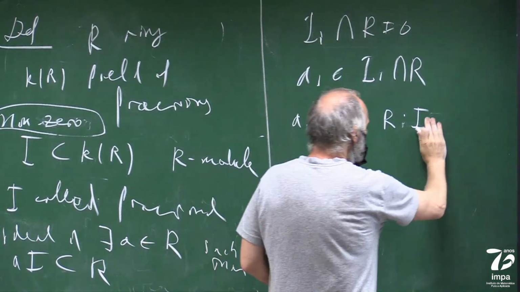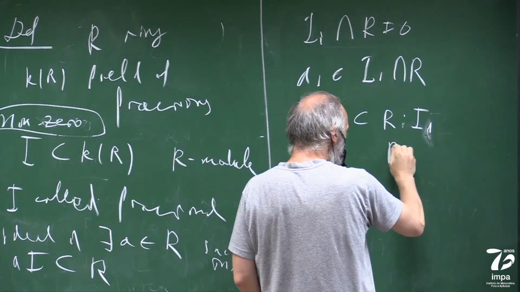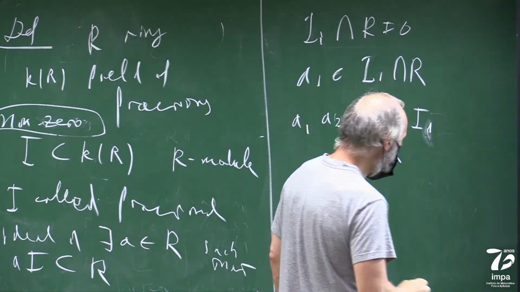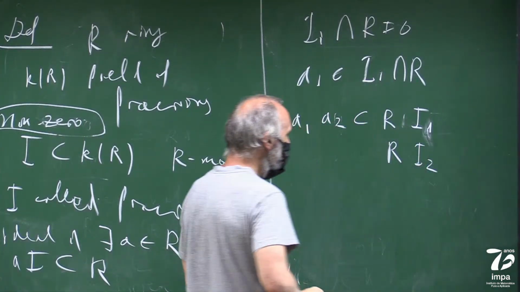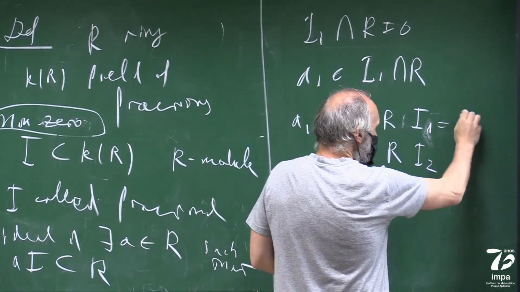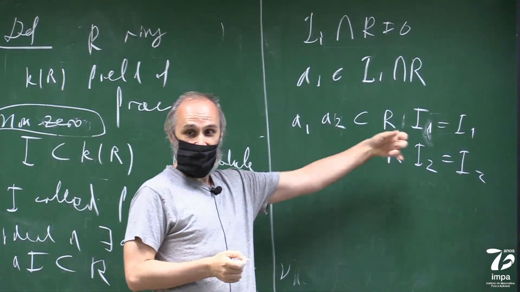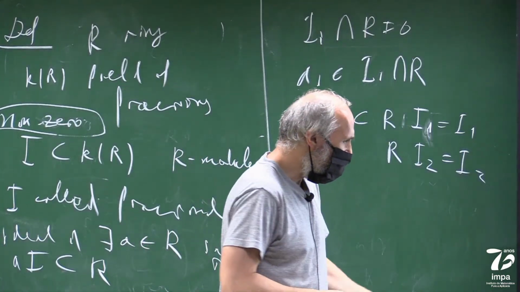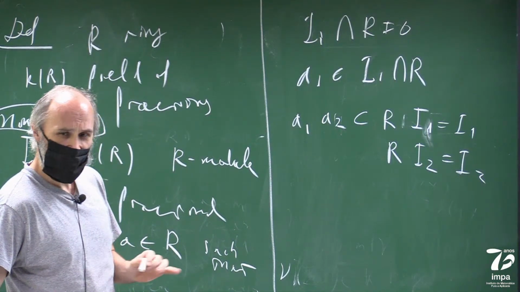So it sits in R multiplied by I1. It also sits in R multiplied by I2. But this is obviously I1, and this is obviously I2. So this product sits in I1 and I2. Okay, not that it's hard, but something should be proven. Am I clear?